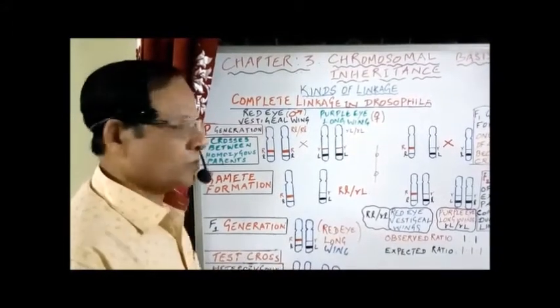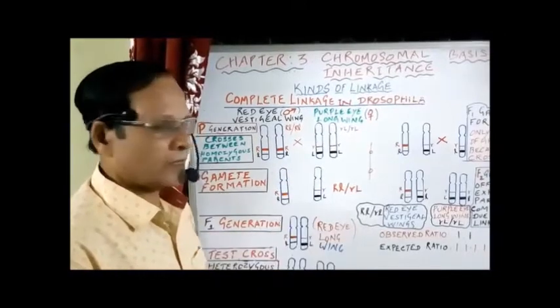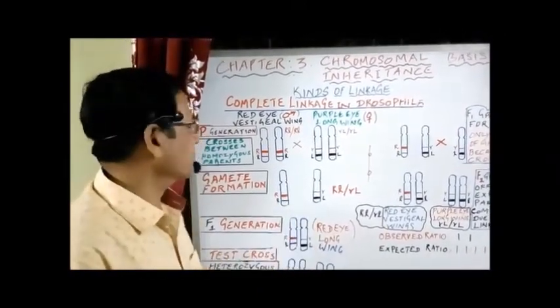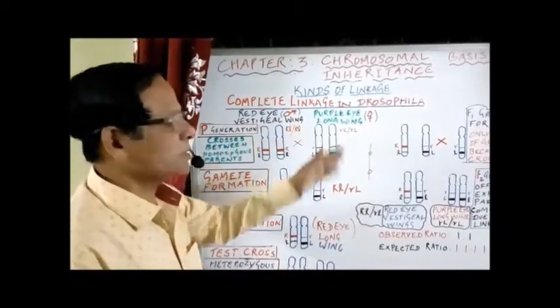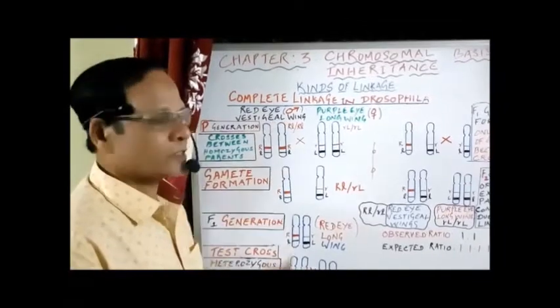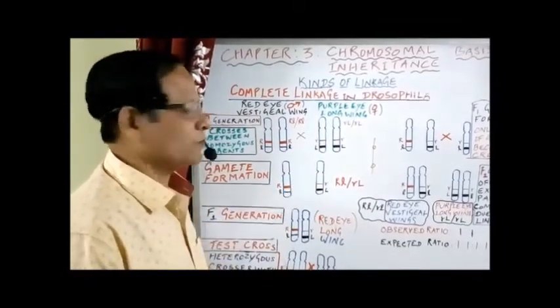As a rule, you know that red eye is dominant over other eye colors, like purple eye. Now in the F1 generation we have received red eye color. Similarly about the inheritance of the wing size, the long wing is dominant over the vestigial wing, so we have received only the long wing in the F1 generation.